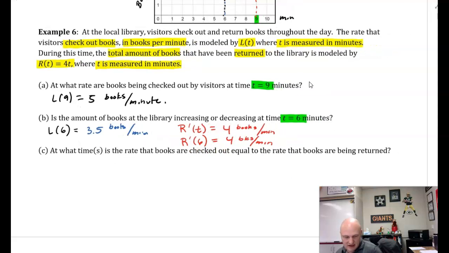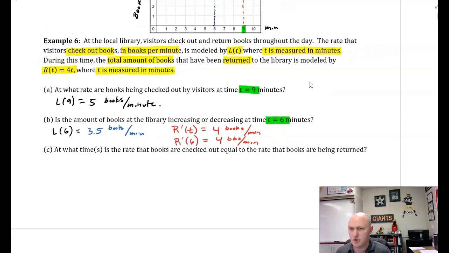Okay. And then what's our conclusion? Well, I have more books coming in than I do leaving. So thus, the amount of books in the library is increasing.